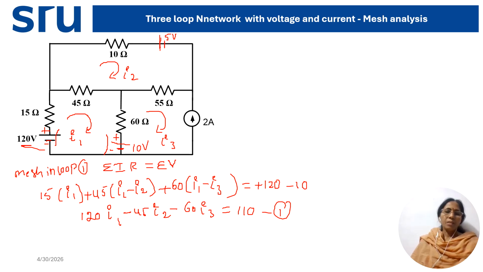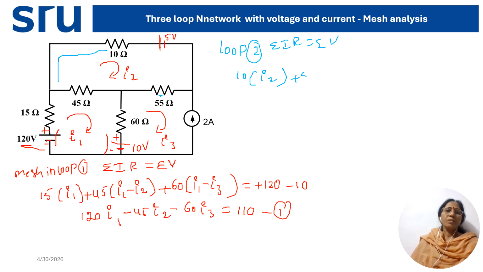Now I am writing the loop 2 mesh analysis equation. IR drops on the left side and voltages on the right side. First, starting from here, 10 into I2. Is there any other resistor? Yes, in loop 2, 55 is there, then 45 is there.